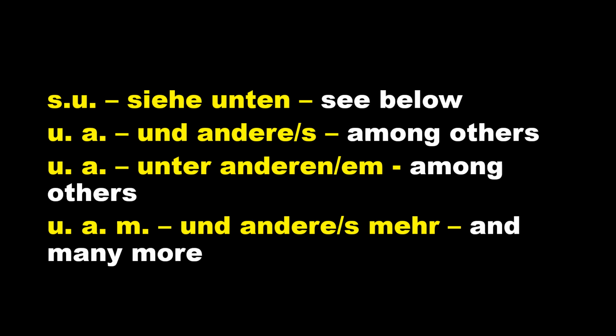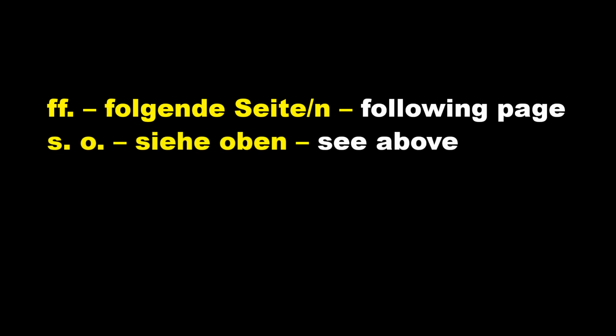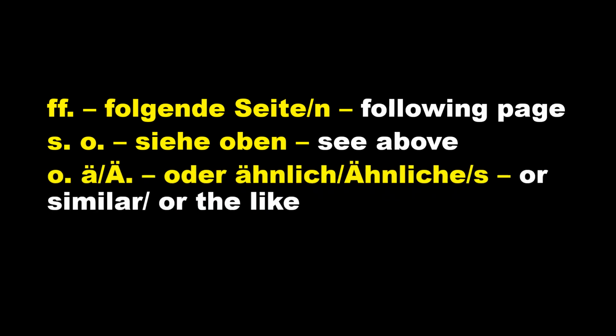So these are a few abbreviations which are quite confusing. Next one is FF, which stands for folgende Seite oder Seiten, in English, following page or following pages. SO, siehe oben, English equivalent, see above. On the last page we saw SU, which stands for siehe unten, see below. So this is just the opposite of that.